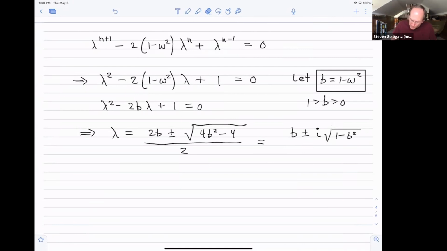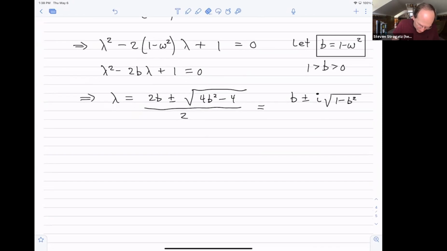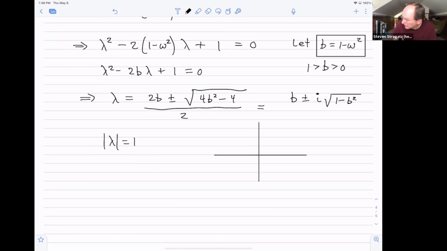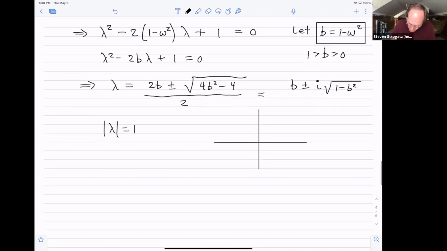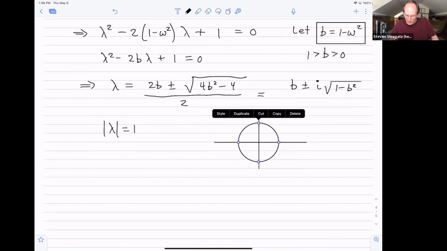In fact, you can see from that expression that lambda is of modulus 1 as a complex number. Because if you draw it on the circle in the complex plane, let's see if I can pull off drawing a circle in Notability here. Not bad. Okay, that's pretty good.